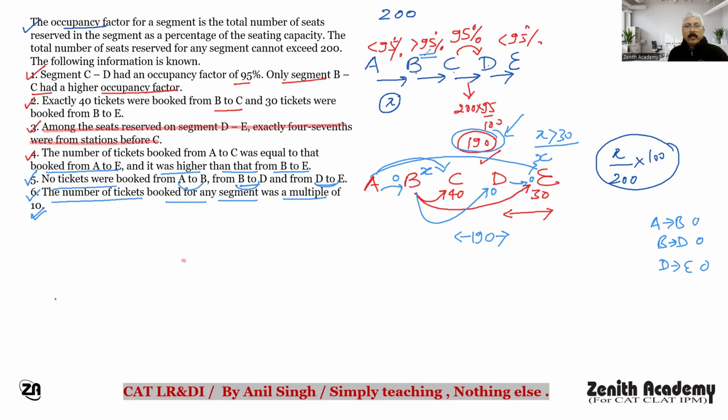But the number of tickets booked is a multiple of 10. तो 95% इज इक्वल टू 190, तो 190 से ज्यादा क्या हो सकता है? 190 से ज्यादा अगर कोई 10 के मल्टीपल में चीज ऐड हो रही है तो 200. ये एक बहुत समझने वाली बात है. इट मीन्स बी टू सी के बीच में पूरा का पूरा डब्बा फुल था. Right, between B and C segments the occupancy was 200. Point is clear?